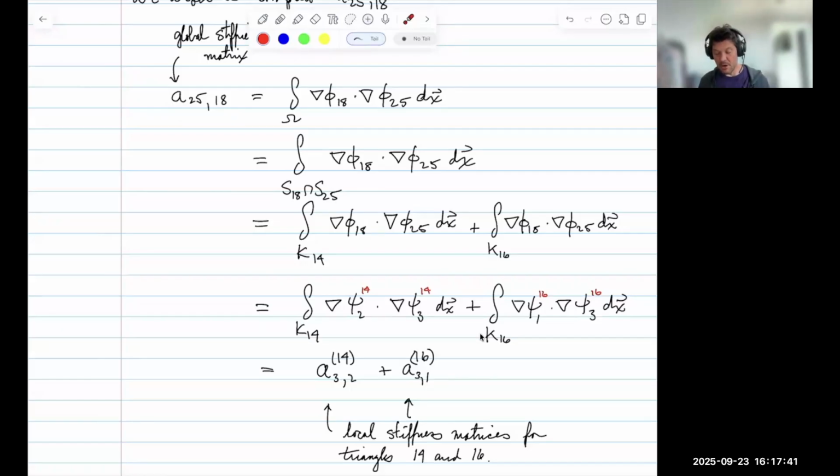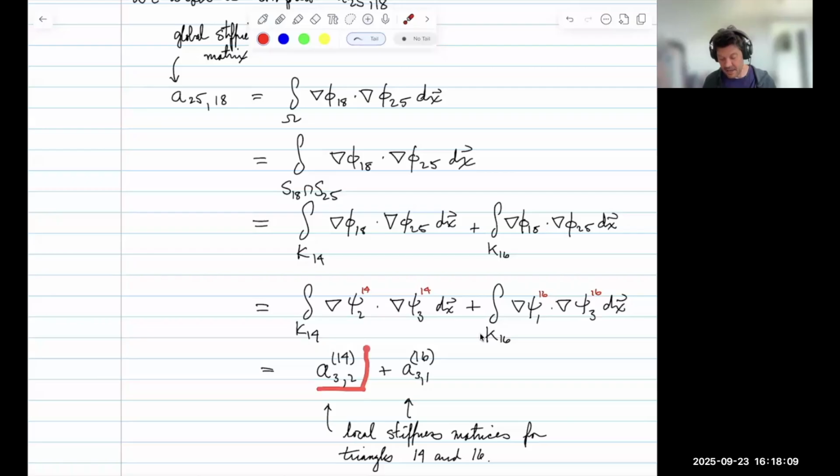So remember, our algorithm for assembling the stiffness matrix is to roam over all the triangles. So when we roam over all the triangles, we're going to hit triangle 14 first. And as we do that, we're going to put all the entries of the local stiffness matrix into their appropriate contribution in the global stiffness matrix.